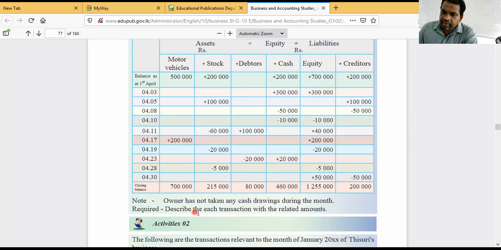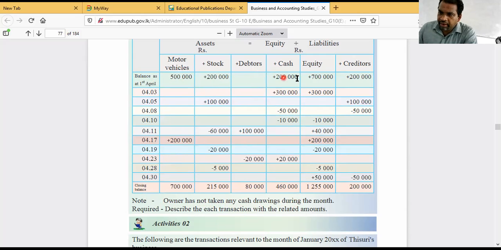Required, describe each transaction with the related amount. When you describe these transactions, you cannot take any transactions as drawings taken in money or in cash, but there can be drawings taken in goods because they have mentioned only owner has not taken any cash drawing, right?